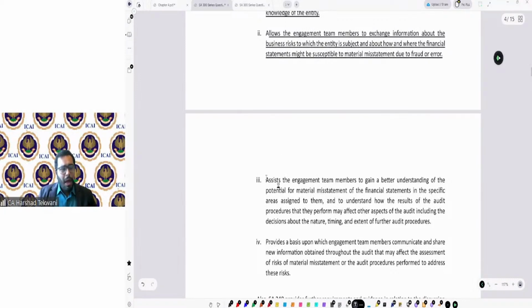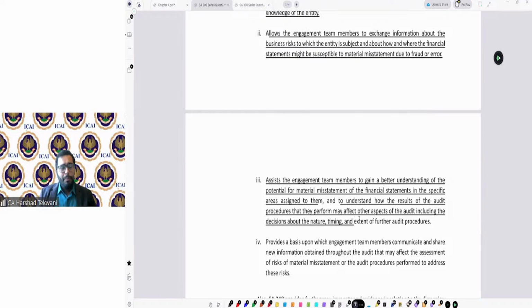It assists the engagement team members to gain a better understanding of the potential for material misstatement of the financial statements in the specific areas assigned to them, and to understand how the results of the audit procedures they perform may affect other aspects of the audit. For example, if I identified a fraud, then this fraud will impact my other audit procedures also. Then it provides a basis upon which engagement team members communicate and share new information obtained throughout the audit.